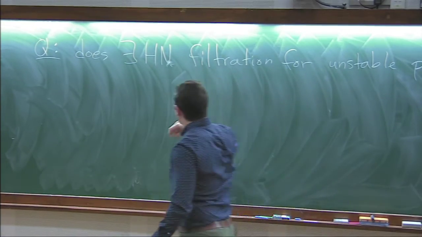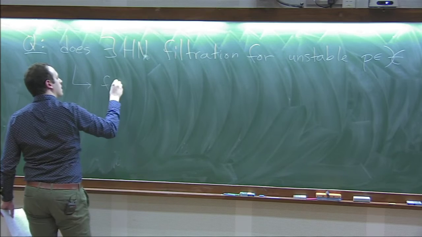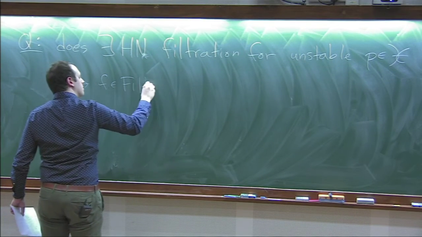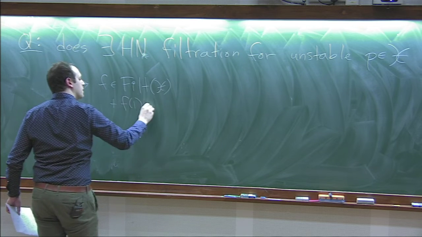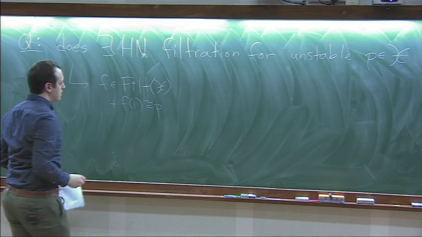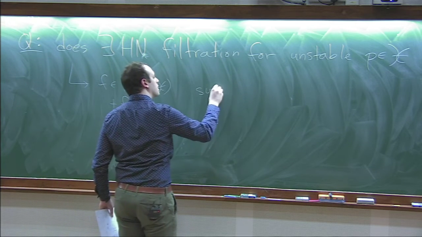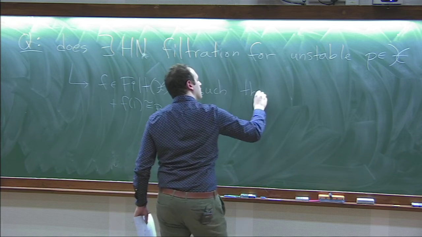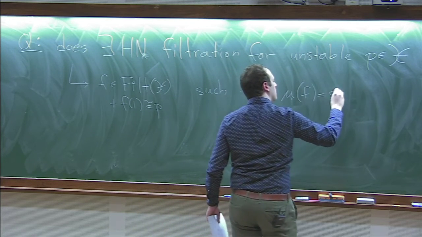What this would be is a filtered object of X plus an isomorphism, in other words a filtration of the point P, such that mu of F is equal to the sup.